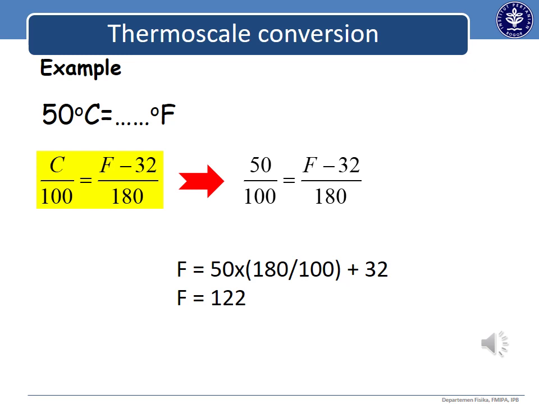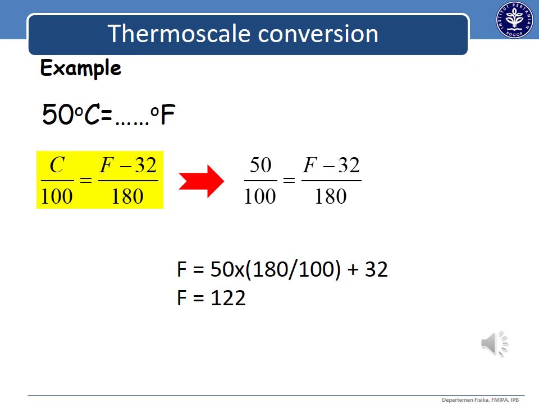So again, C divided by the whole scale of Celsius, which is 100, the boiling point 100 minus the freezing point 0 degrees Celsius, equals the corresponding temperature in Fahrenheit, F, minus the freezing point of the Fahrenheit scale, which is 32, divided by the whole scale in Fahrenheit, 212, the boiling point, minus 32, the freezing point, which is 180 degrees Fahrenheit.